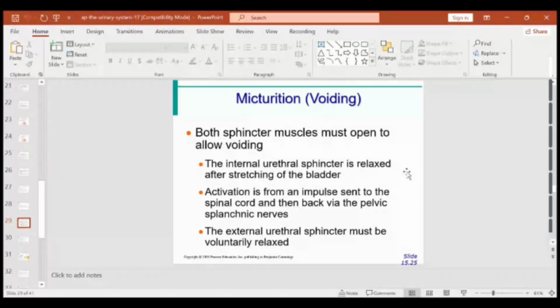The reflex causes the relaxation of both the internal and the external sphincter. Once they relax, the urine is able to move from the bladder into the urethra. You can increase that consciously by raising the pressure inside the abdomen, which is achieved by the contraction of the anterior muscles, the rectus muscles, and you are able to void by pressing down.